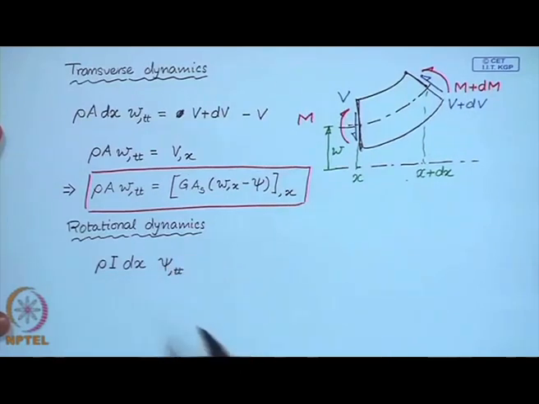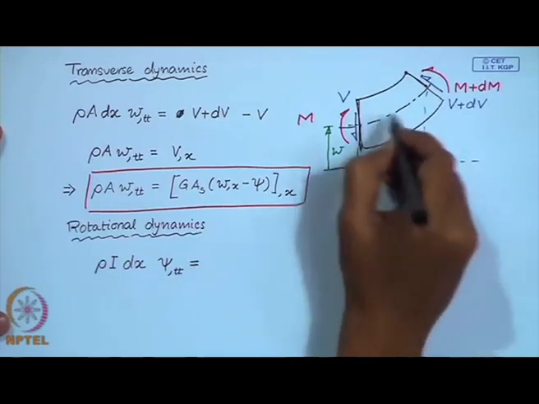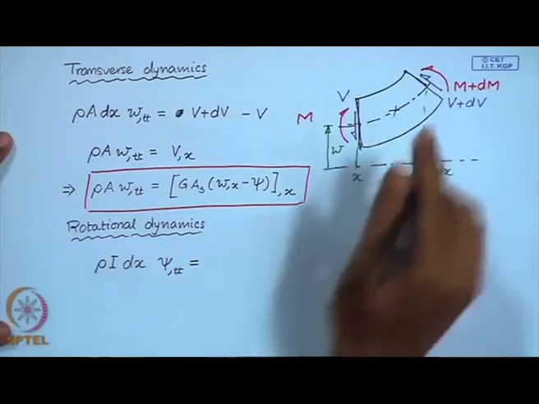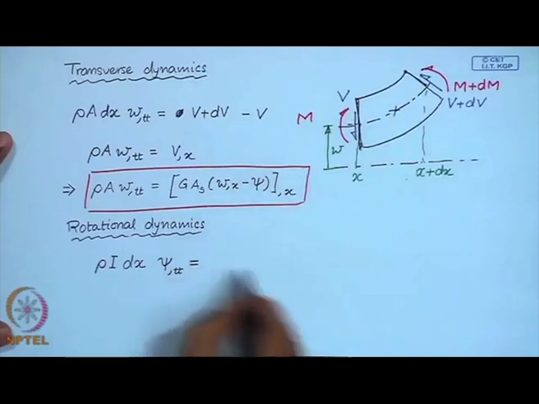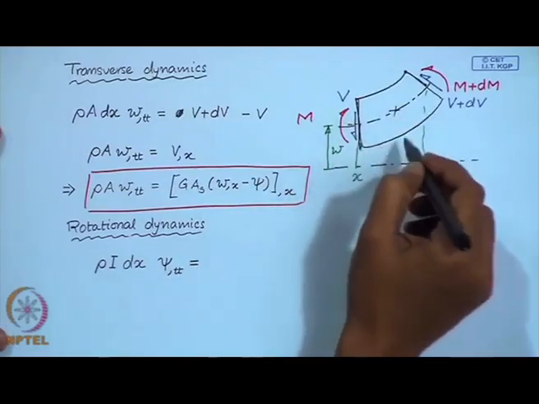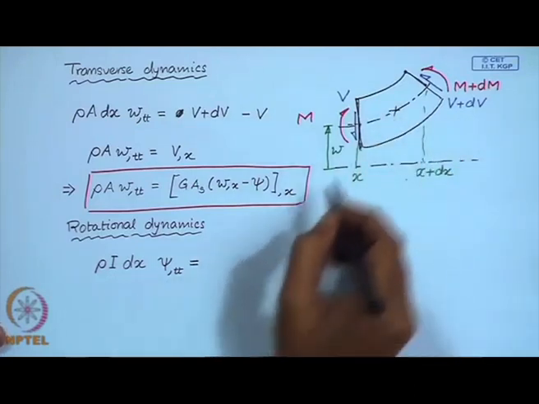So, this is the angular acceleration, and that must be equal to all the moments about the center of mass of this element. So, on the right hand side we must write all the moments about the center of mass of this element.